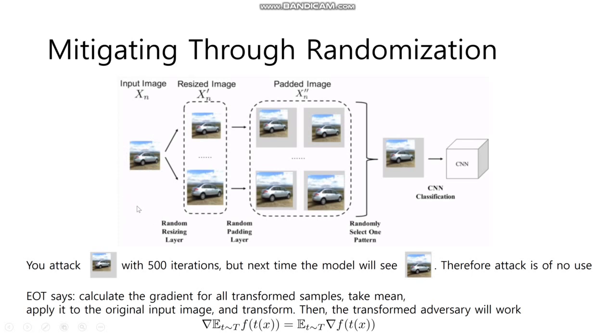So after we transform that generated adversarial example with these transformations, the adversary will work. That is what EOT is saying. In this way, we can attack some defense methods that apply random transformations to the input.